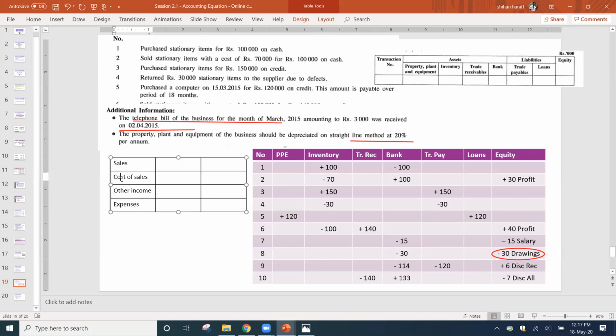From the sales, we deduct the cost of sales, and if there is any other income, we will add, and expenses will be deducted. This is how we prepare the income statement.